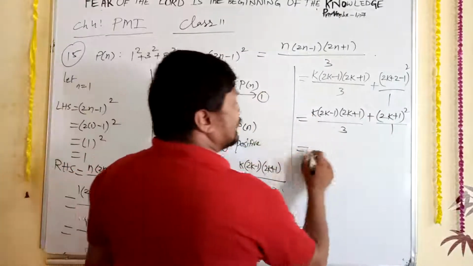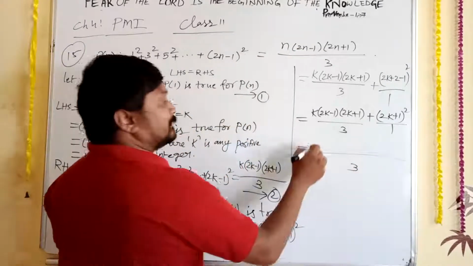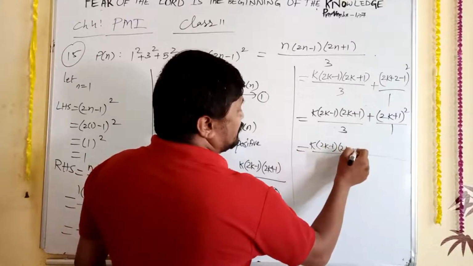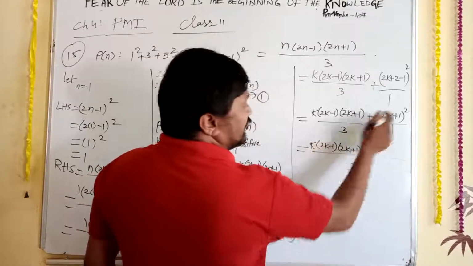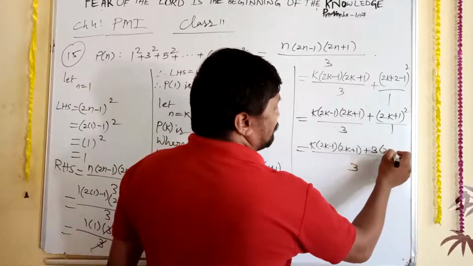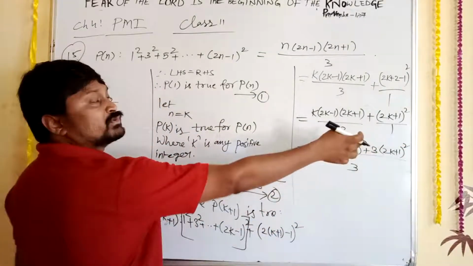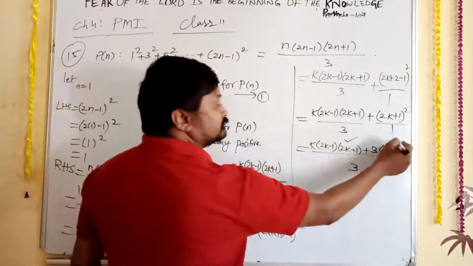Take LCM as 3. When you take LCM as 3, k into (2k minus 1)(2k plus 1) plus 3 into (2k plus 1) whole square. And in both the places, 2k plus 1 is common.